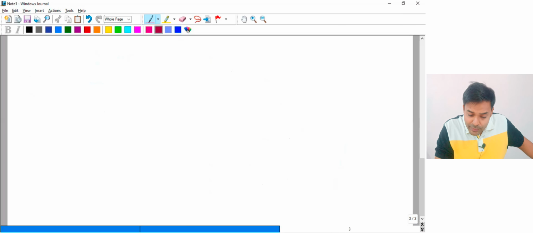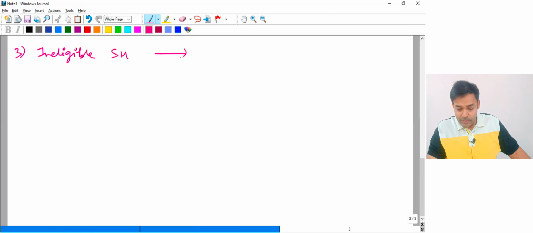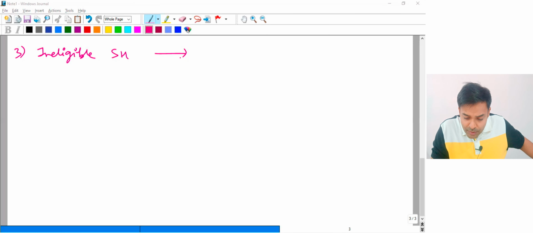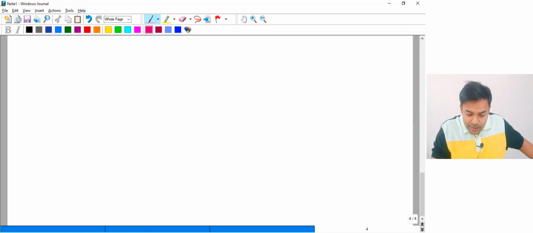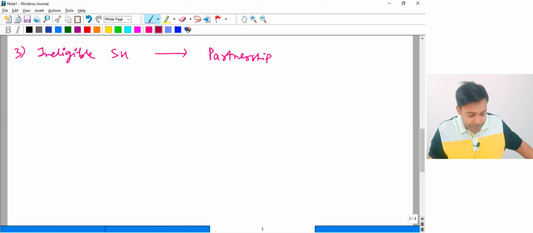Who could not be the shareholders? That means ineligible shareholders. In this, partnership form. Partnership. So that means, everyone, in an S corporation, partnership cannot be the shareholders.